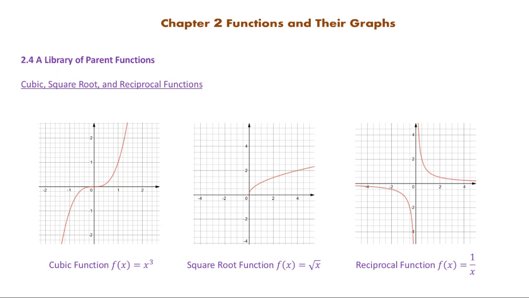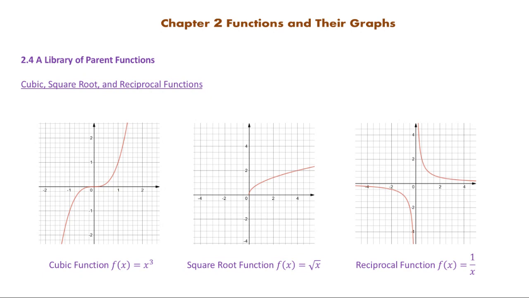And then we got the reciprocal function f(x) equal to 1 over x. So you take the reciprocal of x. If you graph the function, you get two branches, one in the first quadrant and the other in the third quadrant. And both the x and y axes are the asymptotes for the curves.